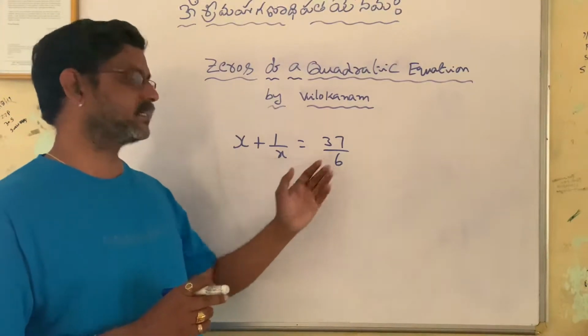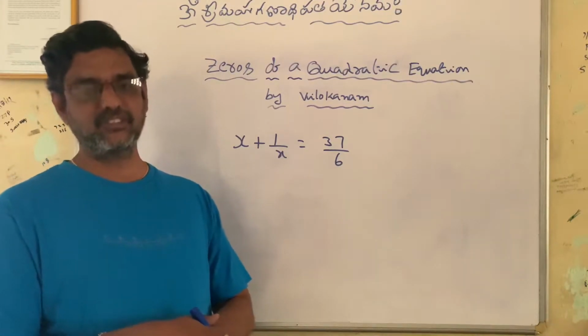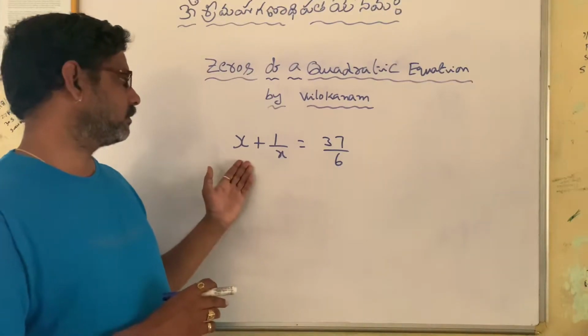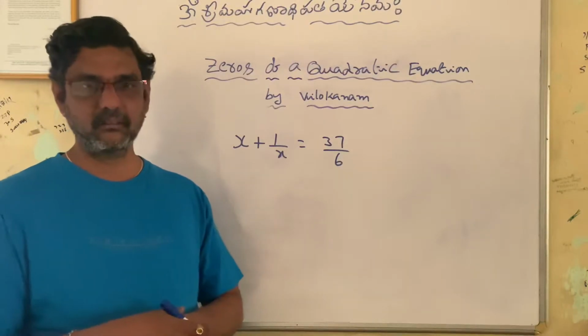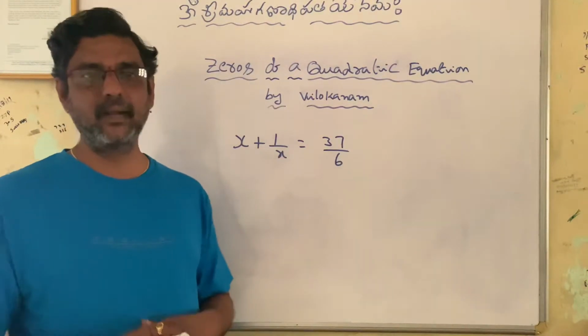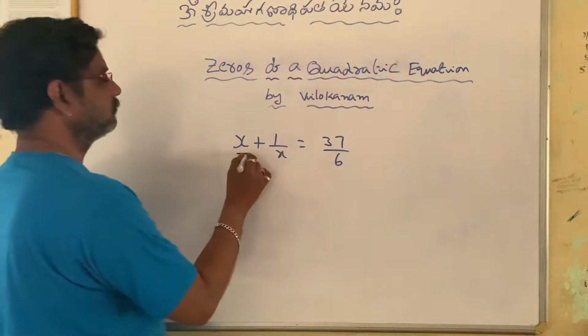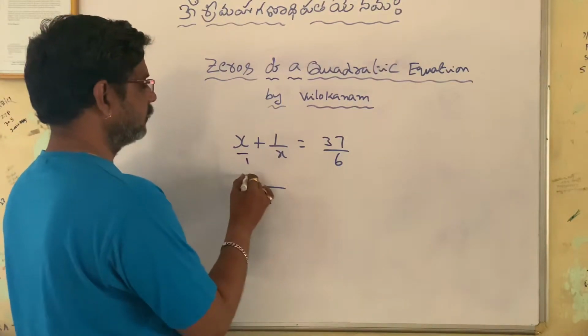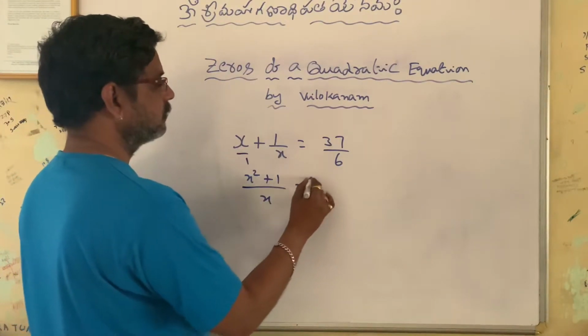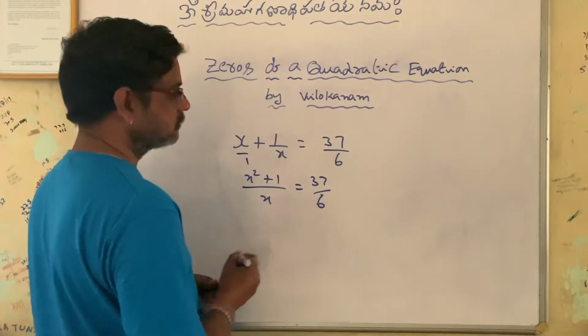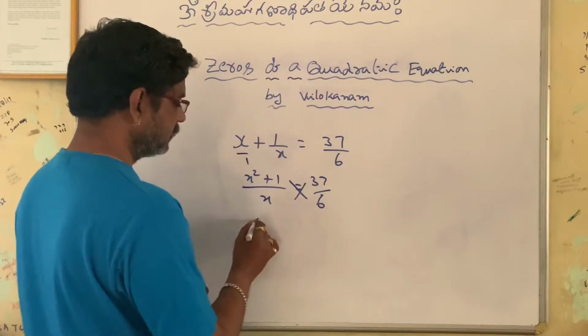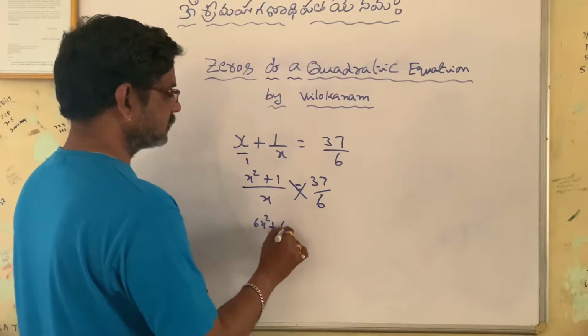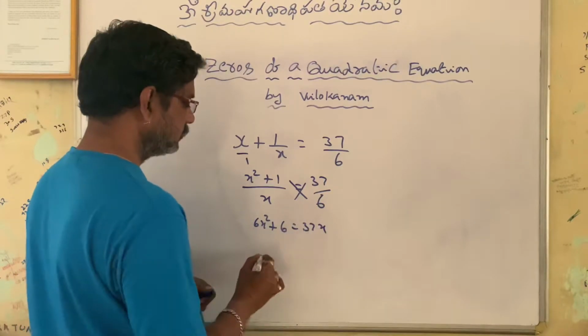x plus 1 by x is equal to 37 by 6. If you see this equation, in general, what we will do is take the LCM, then we will get x square plus 1 is equal to 37 by 6. Then we will cross multiply: 6x square plus 6 is equal to 37x.